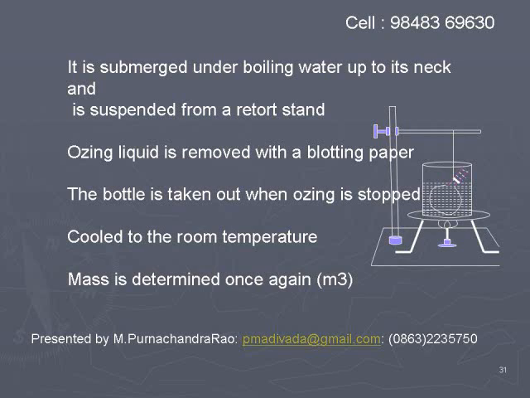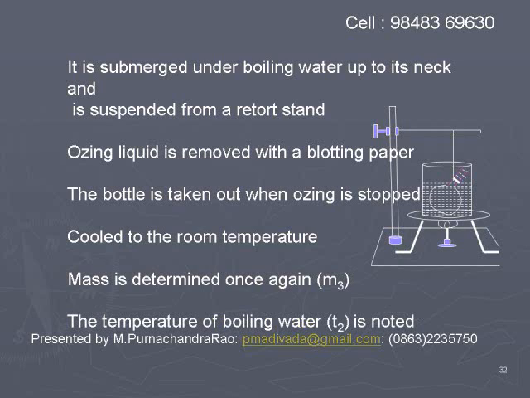Once again, the mass of the bottle with the remaining liquid is determined. This mass is called m3. Then the temperature of the boiling water, T2, is noted.